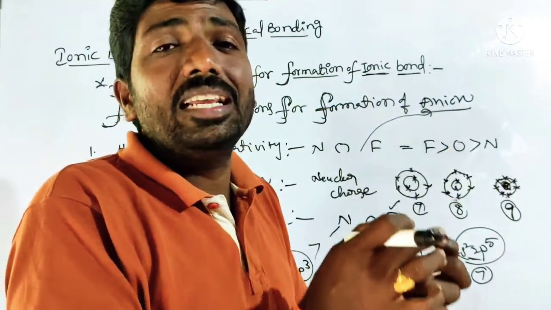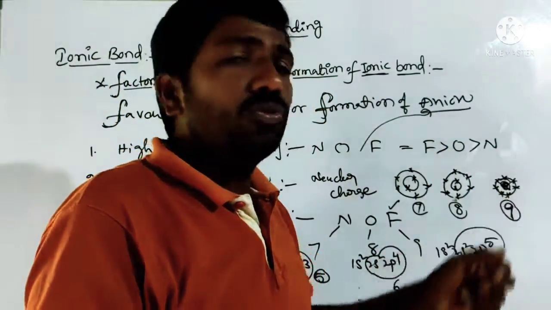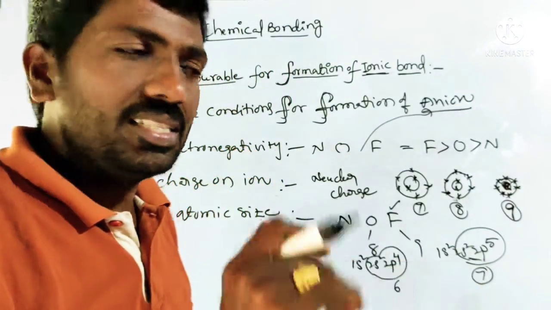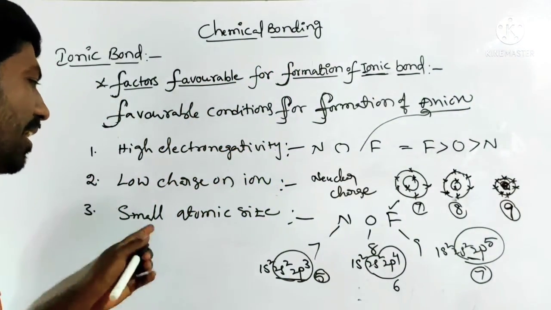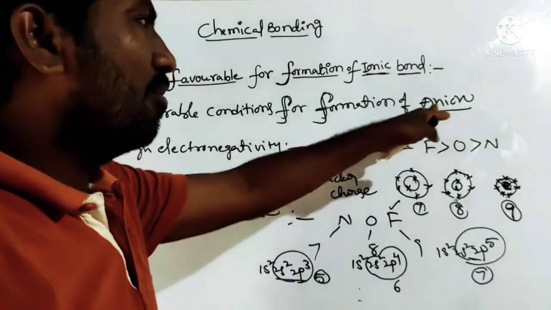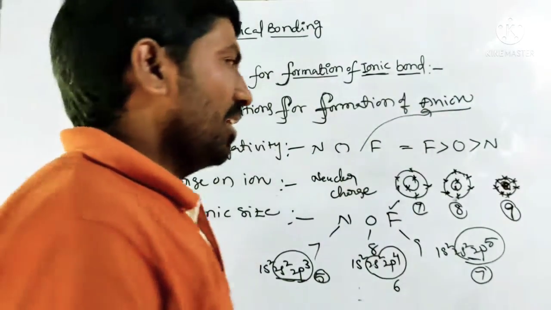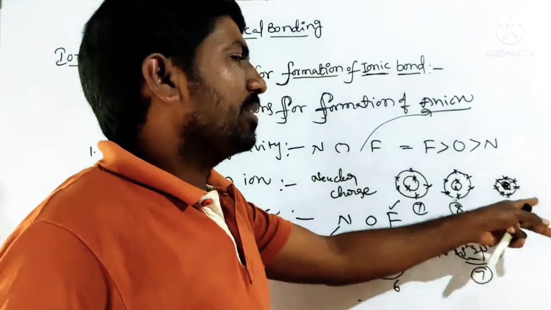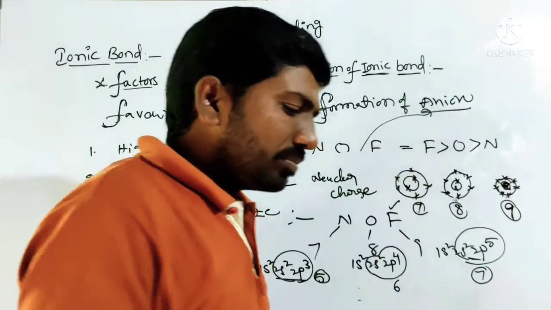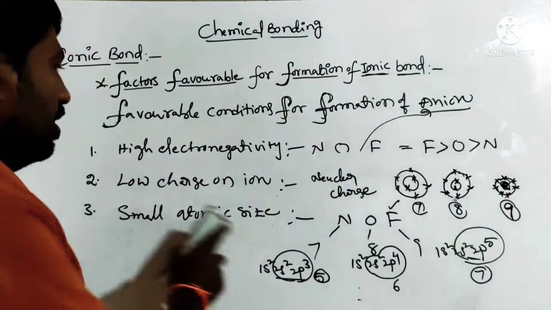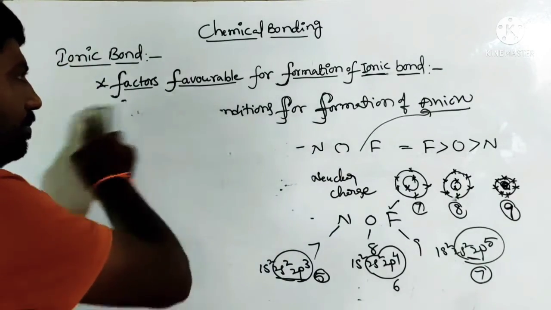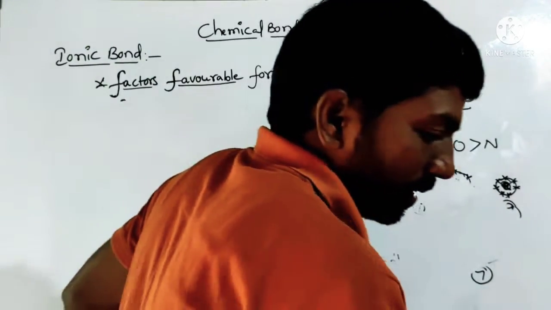The contraction decreases the atomic size because the nuclear charge is more. So with small atomic size, anion formation is very easy, because when we add one more electron it is easily accepted. That is the reason. Okay, thank you all of you.